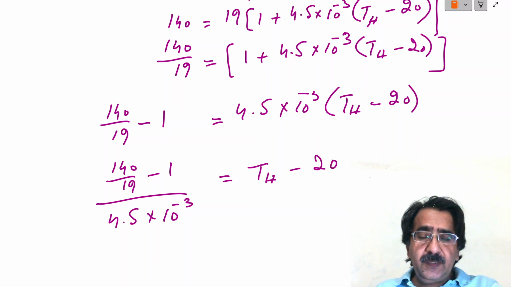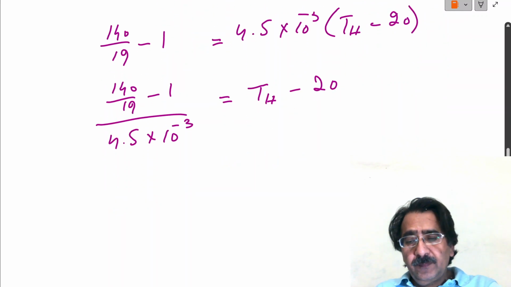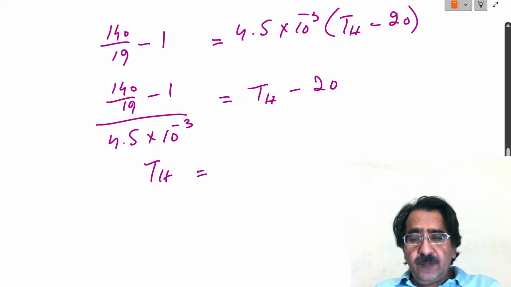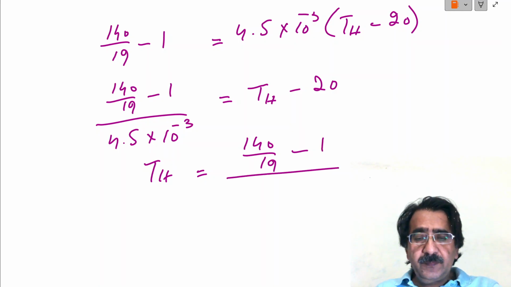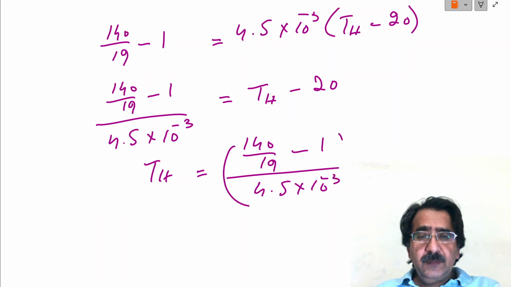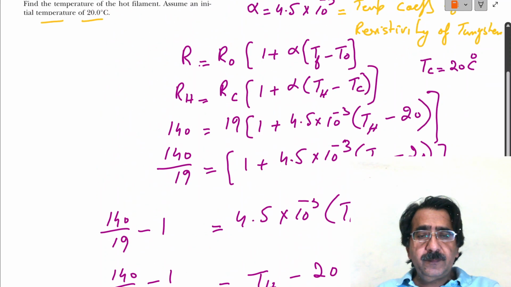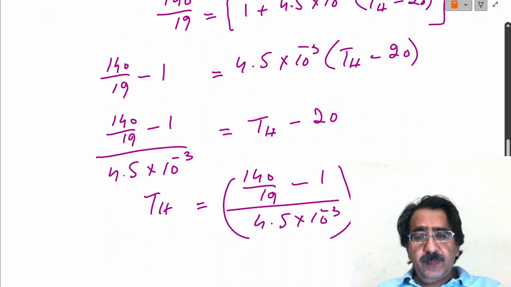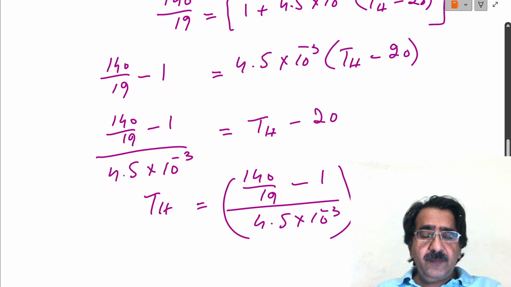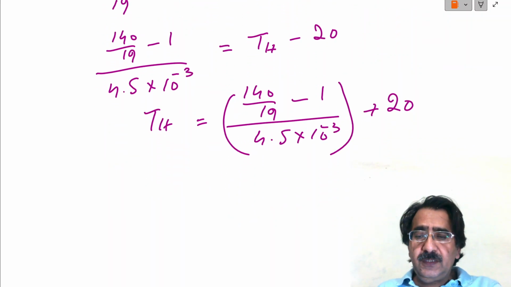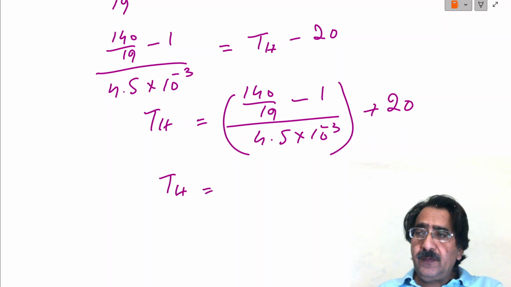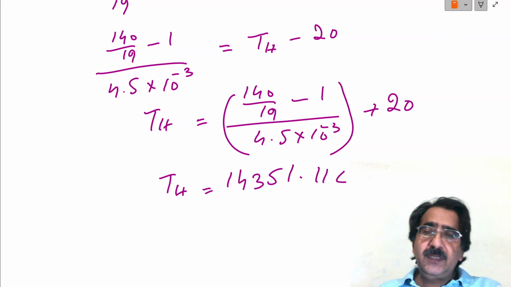So from here, T hot will be equal to 140 divided by 19 minus 1, divided by 4.5 times 10 raised to power minus 3, plus 20. After calculating this, T hot will be equal to 1435.11 centigrade.